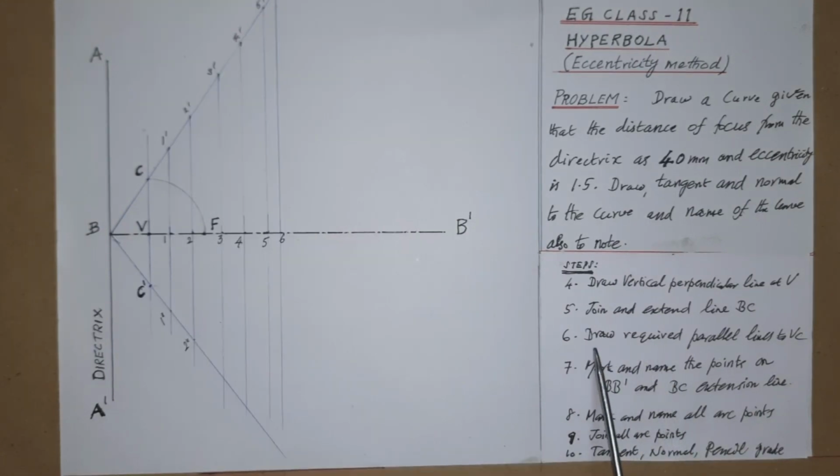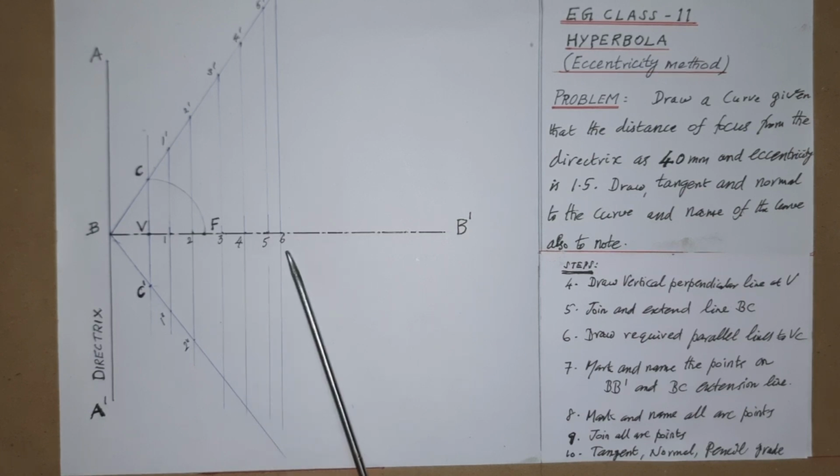Now as per step 6, draw the required parallel lines to VC, that is, draw perpendicular lines above and below the axis, and also they are parallel to VC as well as the directrix, as done for the previous problems, to the required number of lines.